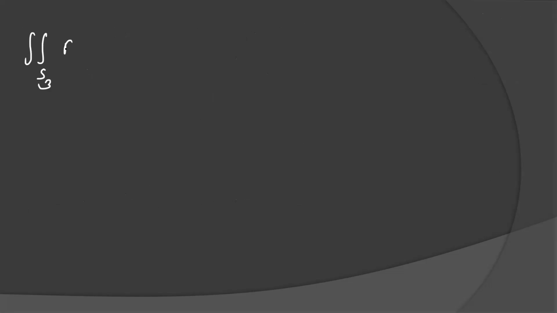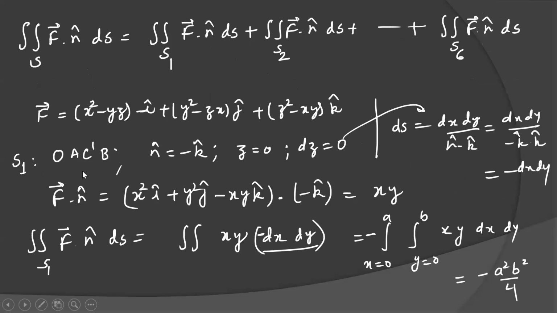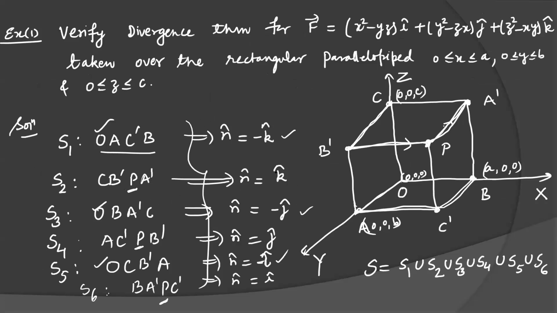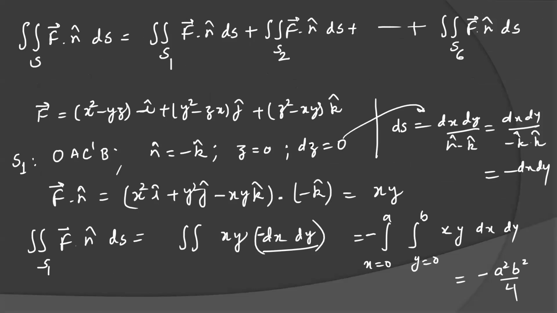Similarly, if you solve for S3, F dot n cap ds, important point is here we made a little bit of a calculation error. Actually, this is telling the opposite direction. You are in the xy plane only, but if you are taking the opposite direction, then you have to take the negative sign only one time.